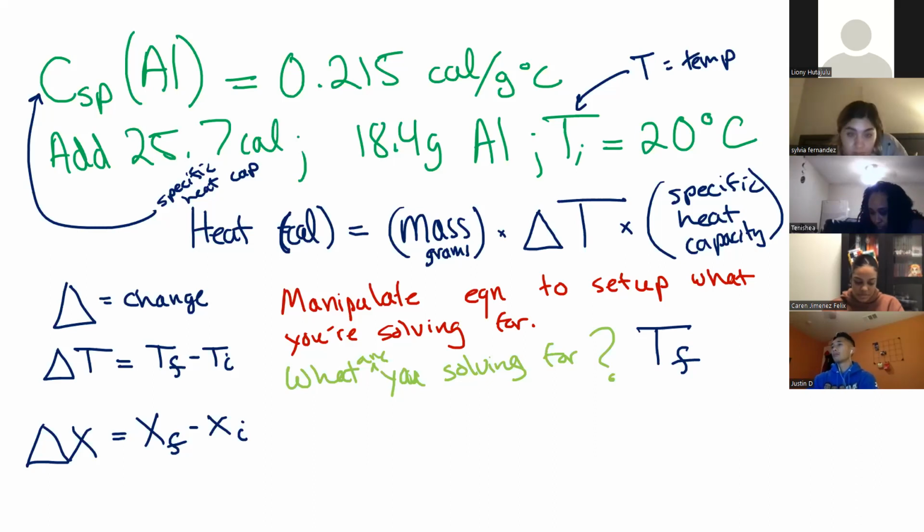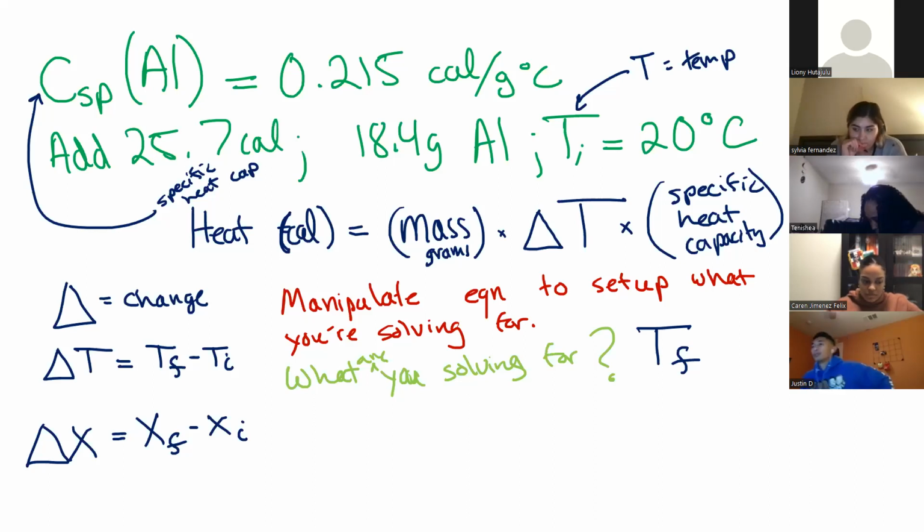We know the initial temperature, we know the mass, we know the heat that is added, and we know the specific heat capacity. So there's only one variable that we can solve for, and that's important also because for an equation like this, you can only solve for one variable. If we had more than one unknown, this would be a problem that you could not solve.